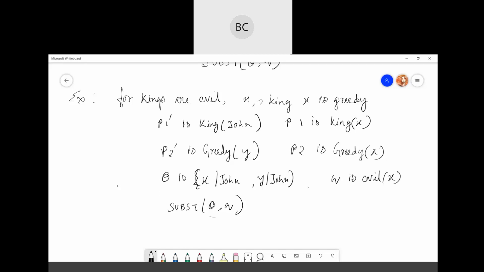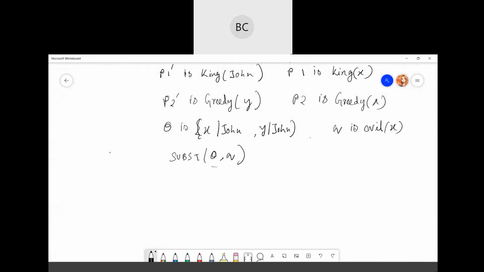So next thing is unification. In unification, we have to know a little bit about our variables. There are two types of variables here: one is the free variable and the other is the bound variable.